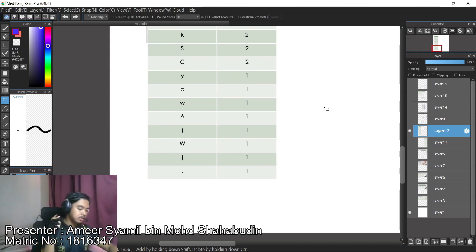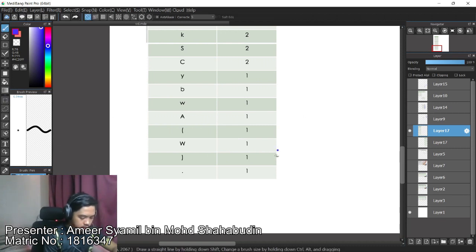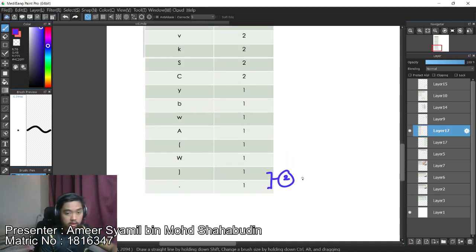For example, close parenthesis and dot share the same frequency of 1. So we add up the frequencies and get frequency 2. We make the number 2 a node. Now the frequency becomes 2.